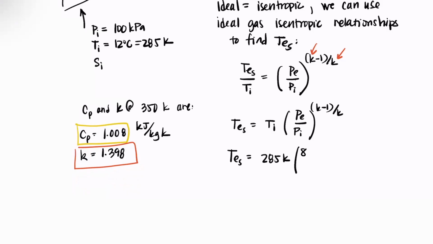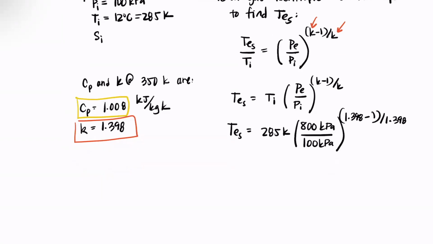And then our exit pressure is 800 kPa divided by our inlet pressure is 100 kPa. And then we have 1.398 minus 1 divided by 1.398, which gives us 515.2 Kelvin.